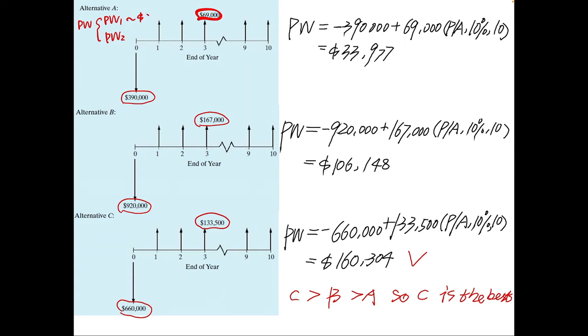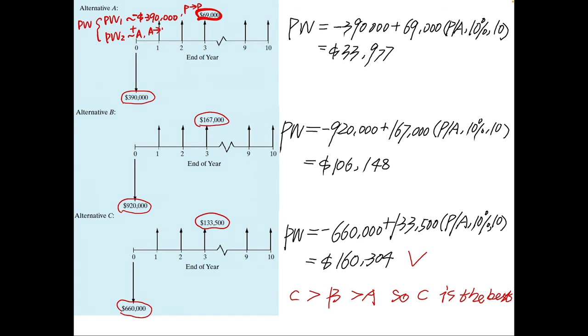PW1 is from the initial price, which is negative, you're going to pay, and actually you're converting present worth to present worth, which means you don't need to convert at all. And PW2 is from the annuities. It's positive, right?